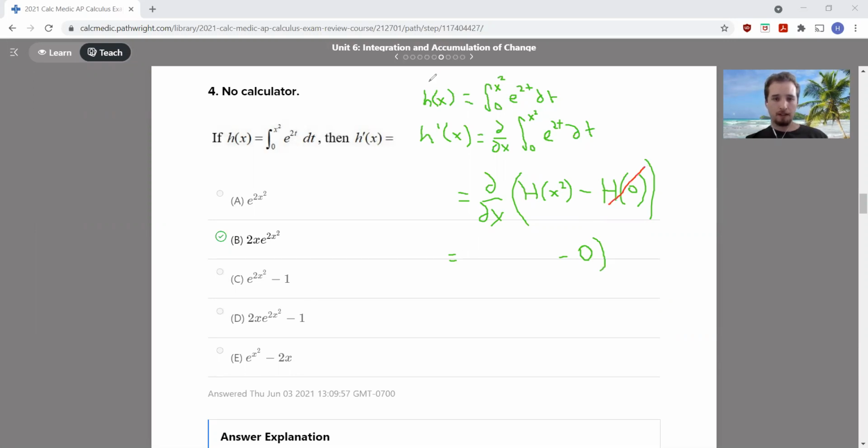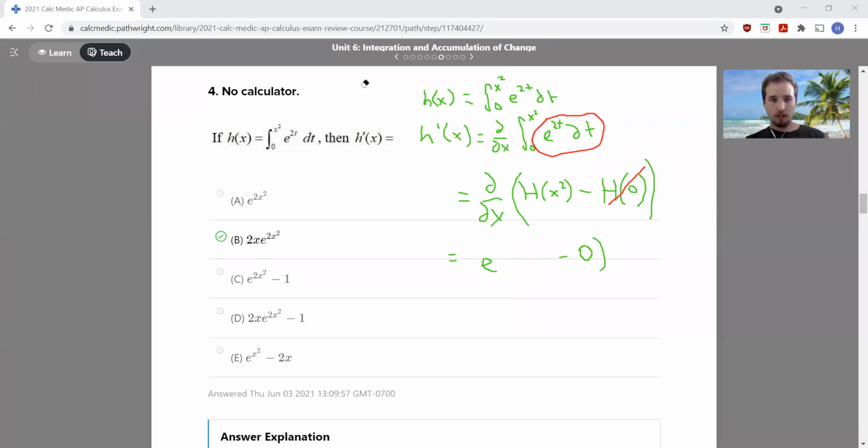But the derivative of this function is just going to be this again, because we took the integral of it and we're just taking the derivative back.